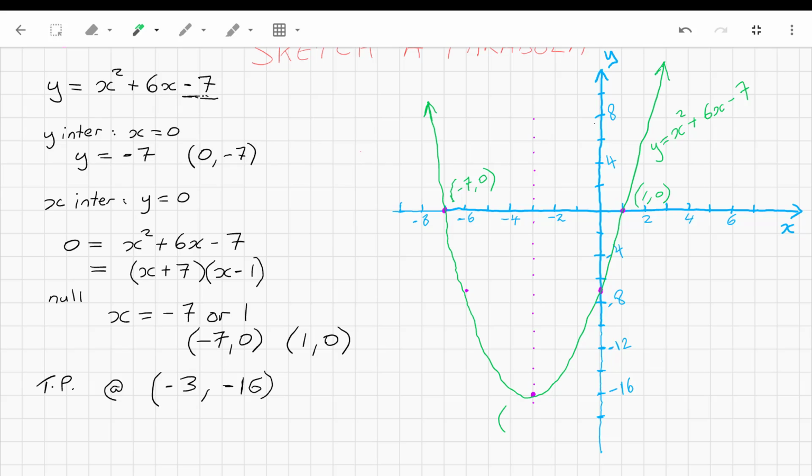The turning point. And your y-intercept. Okay guys, that's the graph.